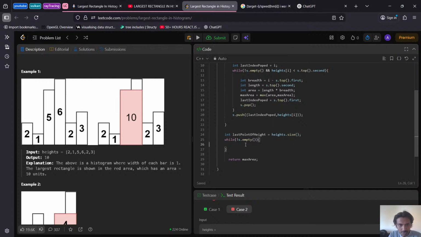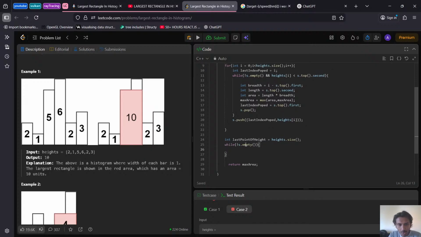So while it is not empty, with the top element. So for the top element, what do you calculate? Simply what we're going to do is length.